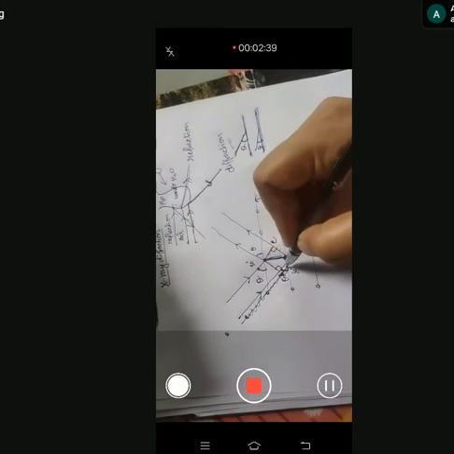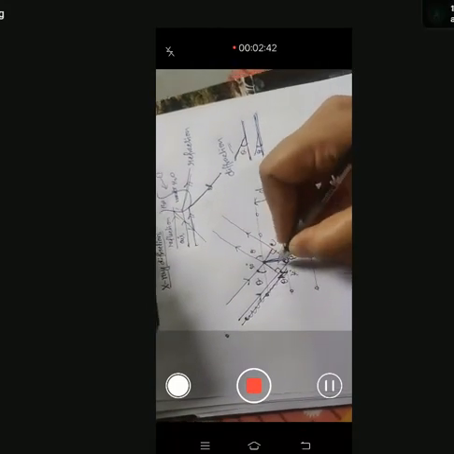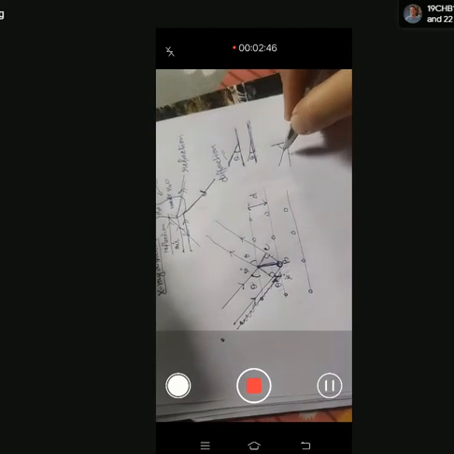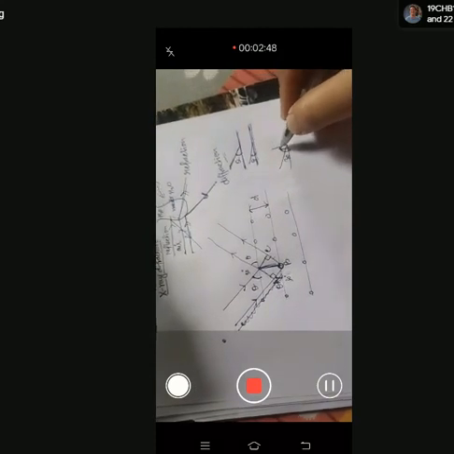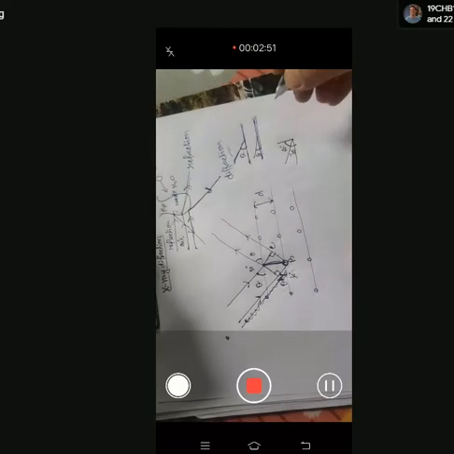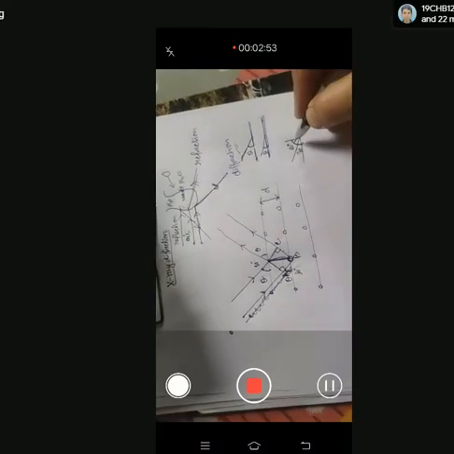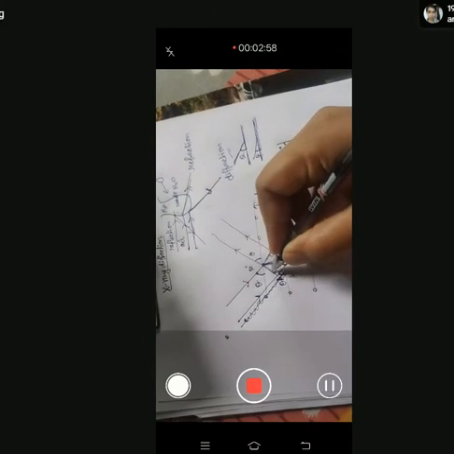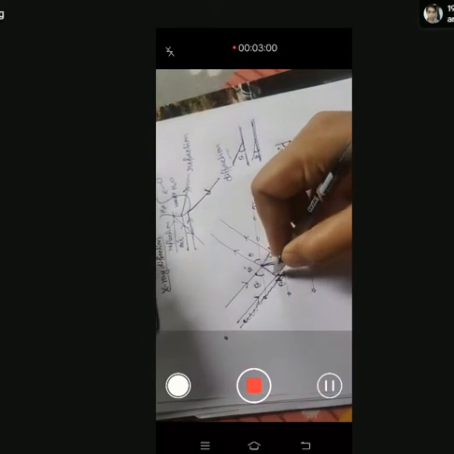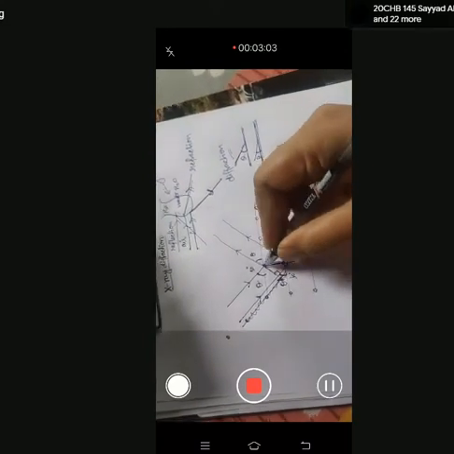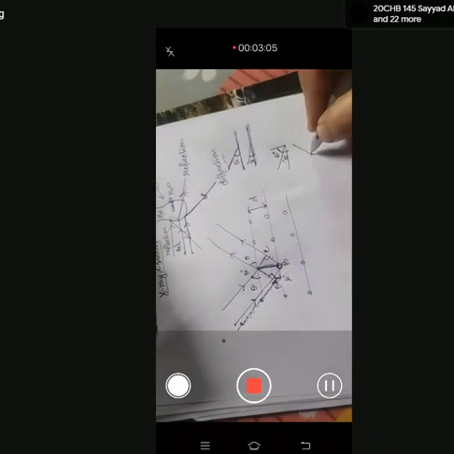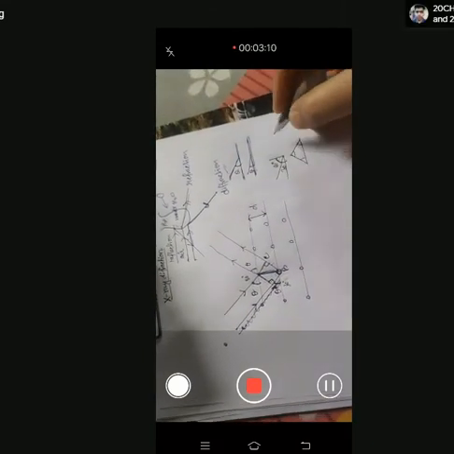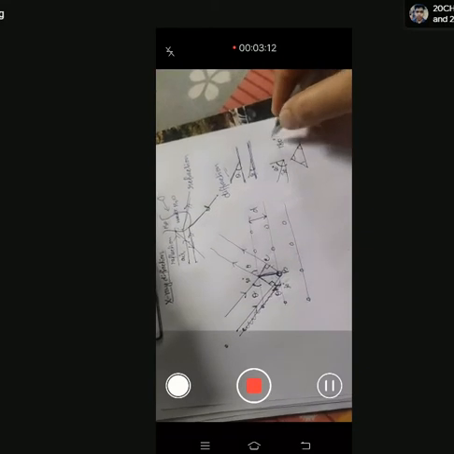If this is 30, this whole angle is 90. If this is a total of 90, and I am telling you this is 30, obviously 90 minus 30, this angle will be 60. This is 60, this is 90, because it is perpendicular to this plane, to this ray. And this is a triangle, and for any triangle, the total angle value is 180.